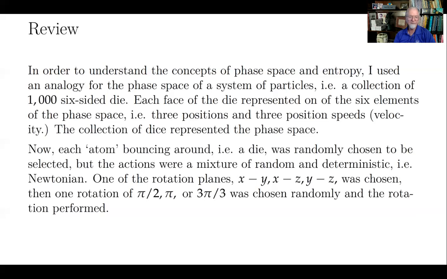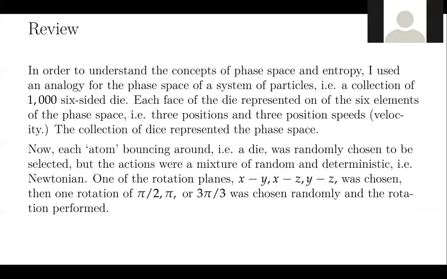So each one of the possible particles could interact with another one. The actions were a mixture of random and deterministic, that is Newtonian. So what could happen in the die was that it could be rotated in the XY plane, the YZ plane, or the XZ plane.